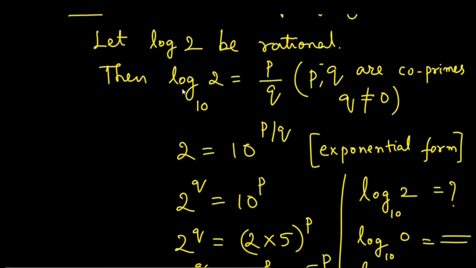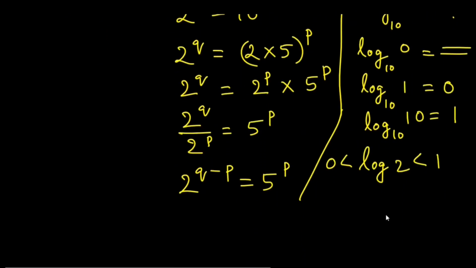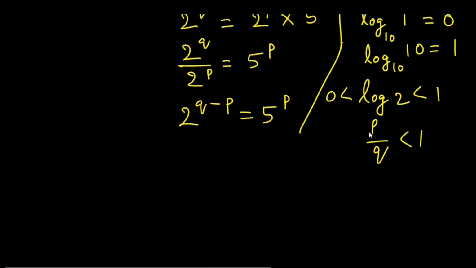Here we have taken log 2 as p by q, so p by q should be less than 1. P by q less than 1 means it is a proper fraction, so the denominator q is greater than the numerator p. When q is greater than p, q minus p is a number greater than 0, so it is a positive number.